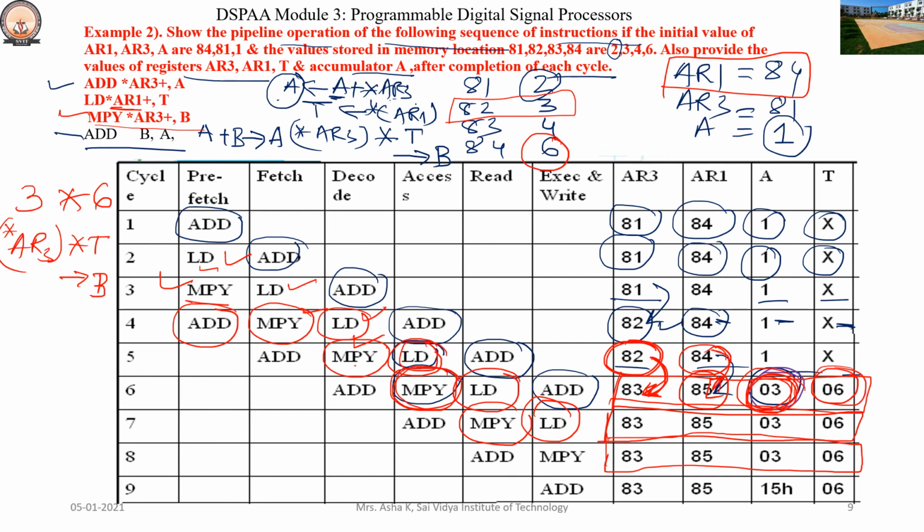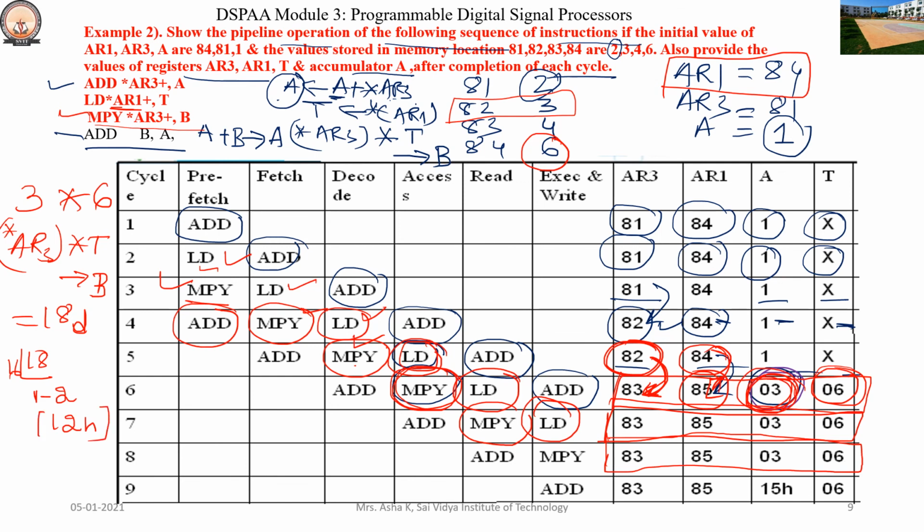The answer in decimal is 18. 6 threes are 18. When I convert this into hexadecimal, 16 ones are 16 and the remainder is 2, that is 12 hexadecimal.